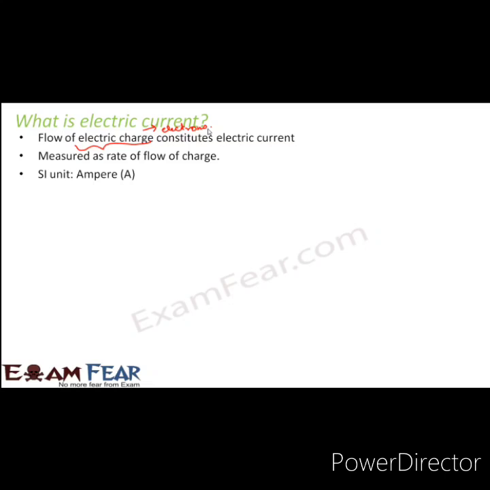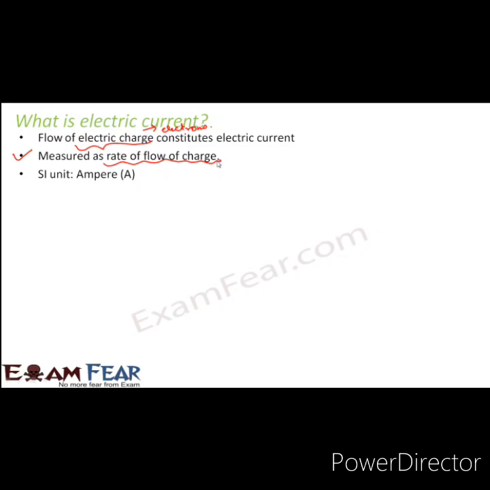Electric current is measured as the rate of flow of charge. As I said, charges are nothing but electrons, and these electrons can be assumed as particles. How fast these particles are moving would determine how much is the electric current. If they are moving very fast, electric current would be more. If they are moving very slow, the electric current would be less.